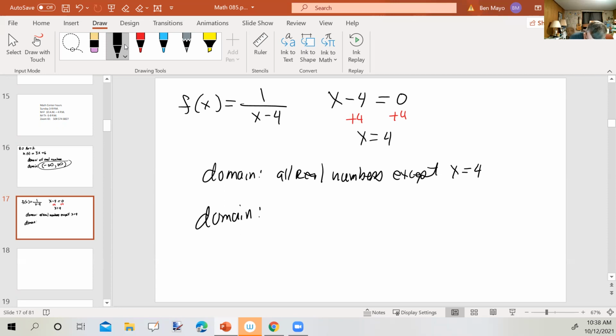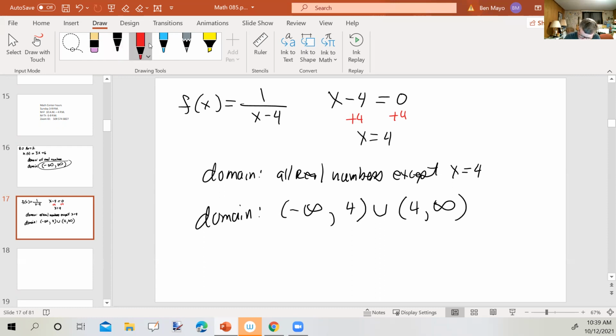So I want all real numbers except 4. So what I'm going to do is go from negative infinity up to, but not including 4, along with everything after 4 going up to positive infinity.